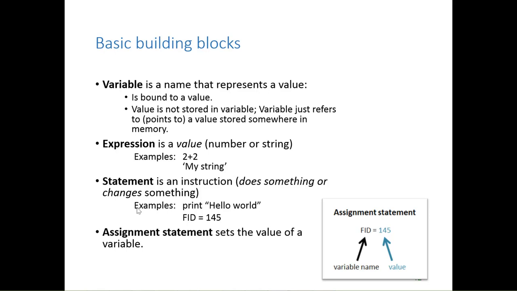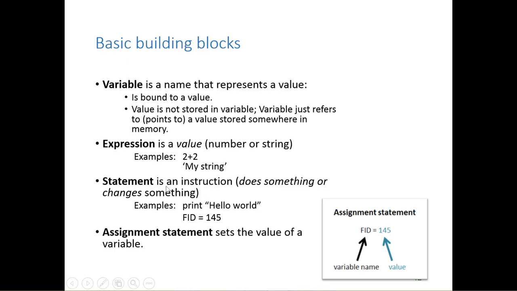So what you really need to understand is that when you do an assignment statement, you're going to put an expression on the right and a variable name on the left. So an expression is a value. It can be a number or a string or some other things that we'll talk about later. A code statement is an instruction.